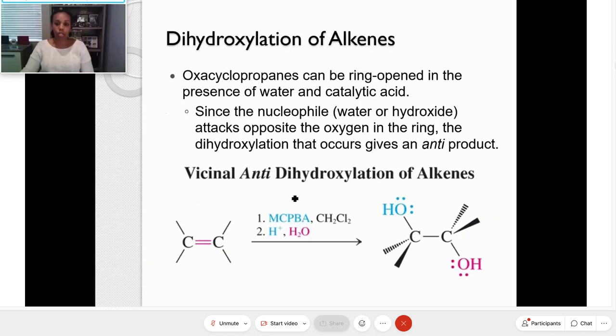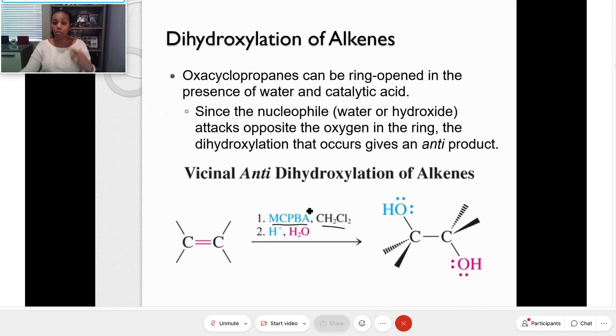All right, so with those oxycyclopropanes, we can ring open them. So we had one step where we have basically our MCPBA or any kind of peroxycarboxylic acid, and then a good solvent for that. And then we have a second step that is basically our aqueous workup step, but it's not the same kind of aqueous workup step as we've done before.